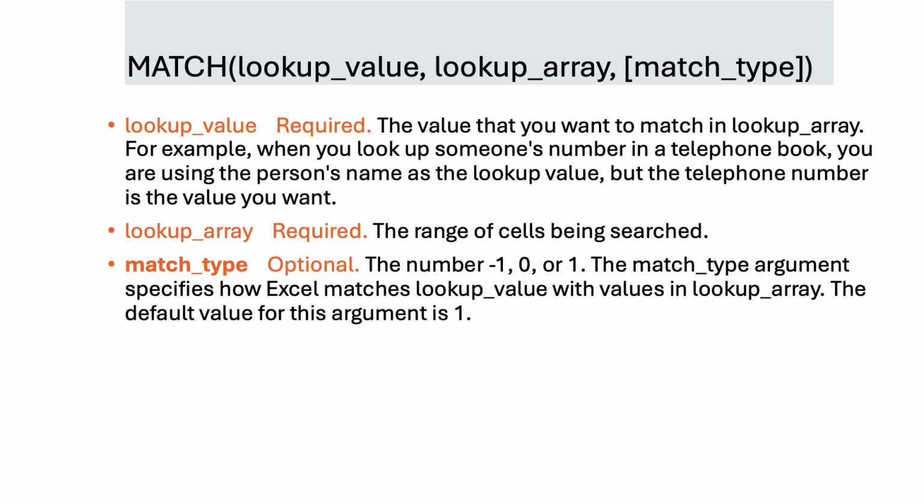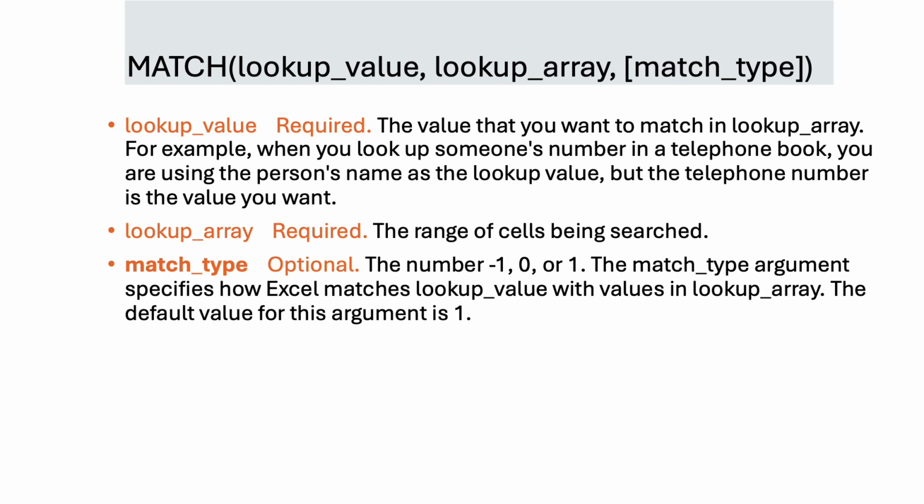There are three cases. If the match type equals 1, the lookup range value consists of numbers listed in ascending order. And the match function then will return the row location in the lookup range. If match type equals -1, the lookup range value consists of numbers listed in descending order.